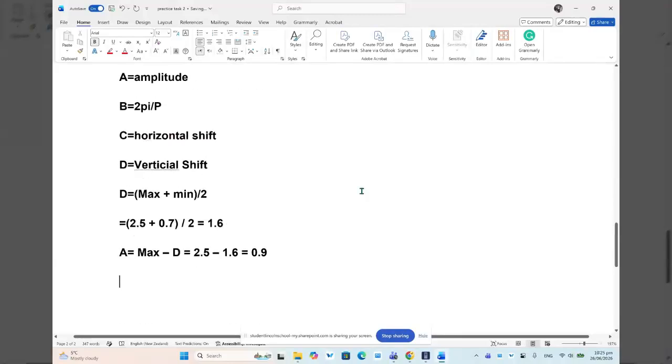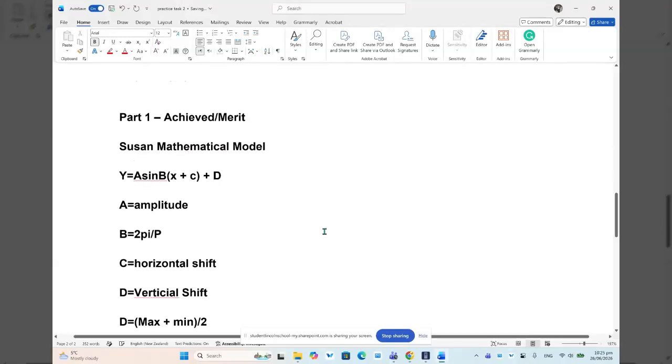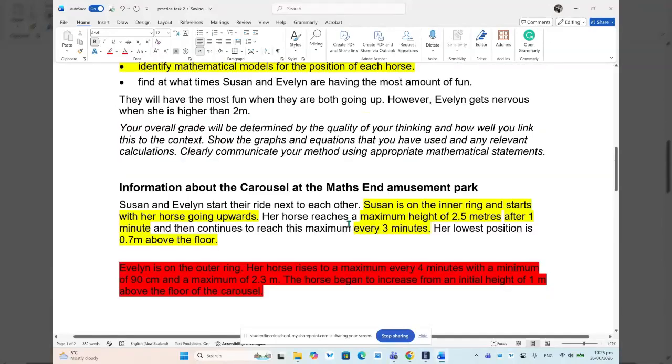We know that the period equals 2 pi divided by b. If we rearrange that, we get b equals 2 pi divided by the period. Now, it says it reaches a maximum height of 2.5 meters after 1 minute and then continues to reach this maximum.